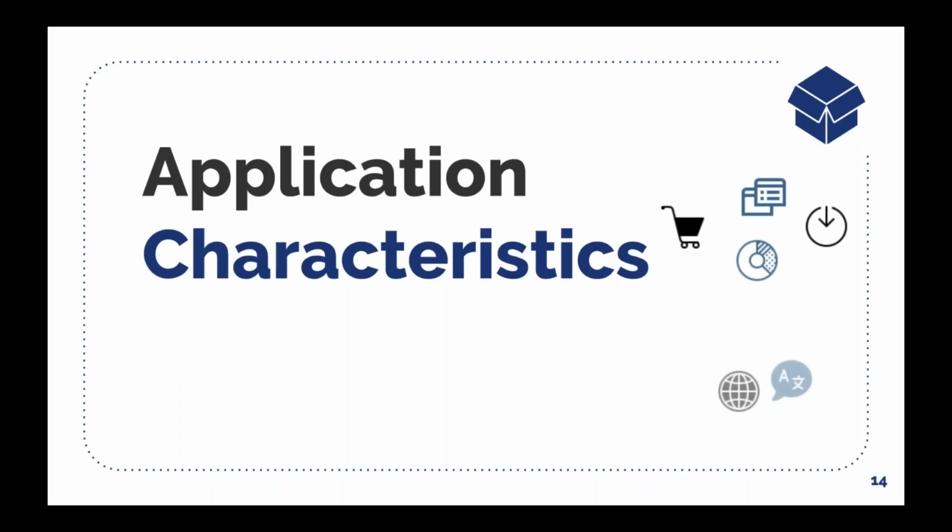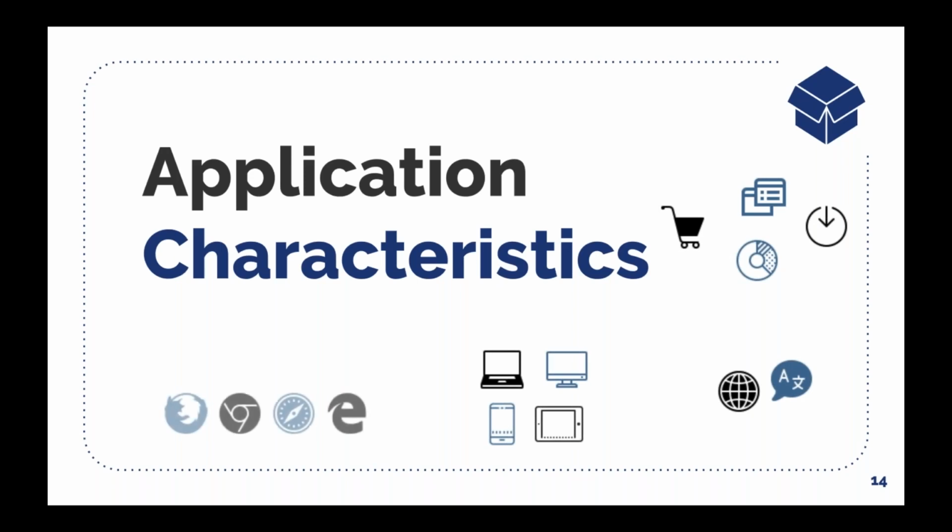When I talk about application characteristics, this means the following. Is the application an e-commerce website, is it mostly static, like web forms or application forms you fill up, or is it an application that is merely graphic, like SVGs the whole time?